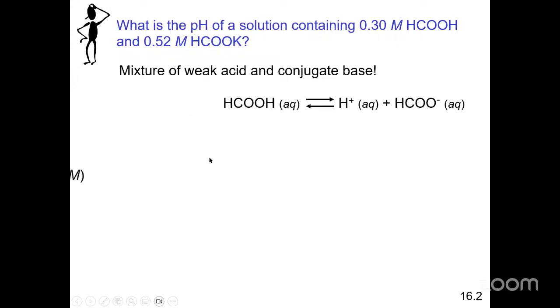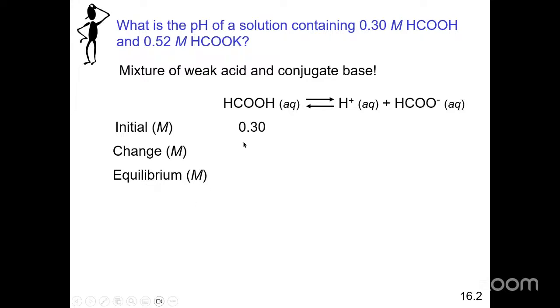So this is a weak acid, right? And the way it's going to dissociate, of course, initially, you're going to have 0.30 M of the weak acid. You're going to have none of the H plus, and as far as the formate ion is concerned, because this will undergo complete dissociation in water, the concentration of the formate ion is going to be 0.52.